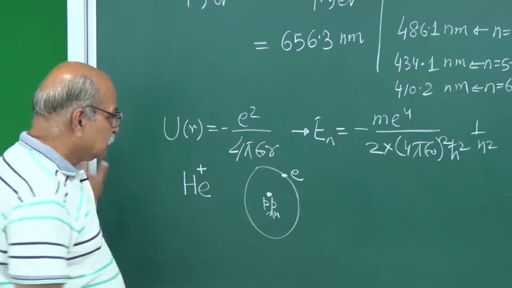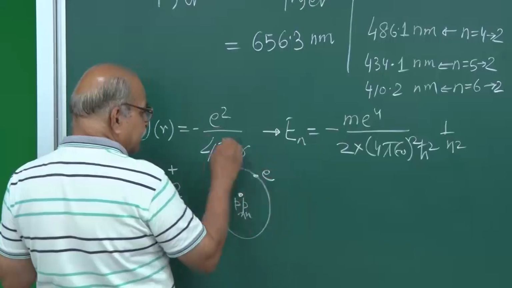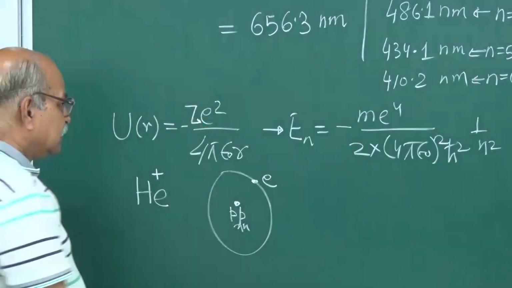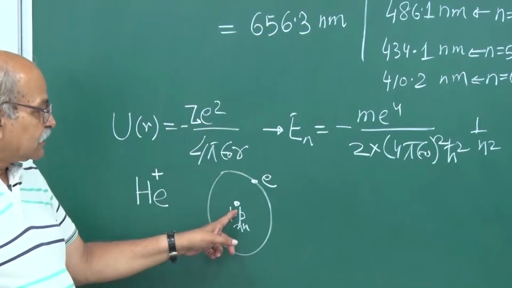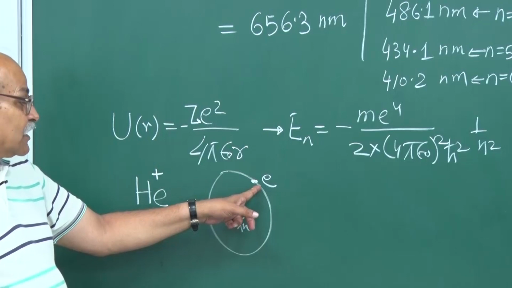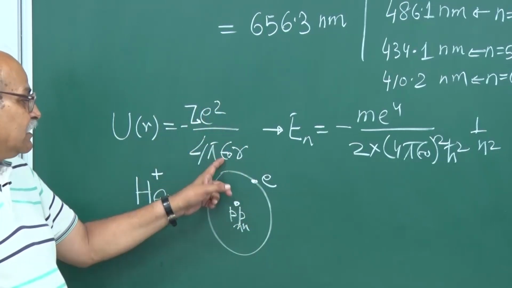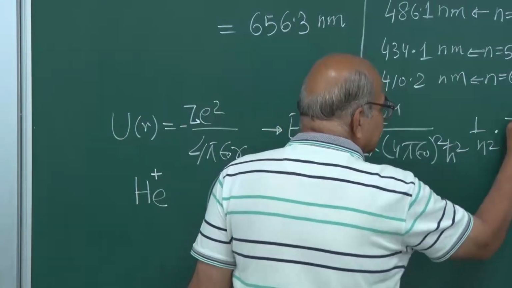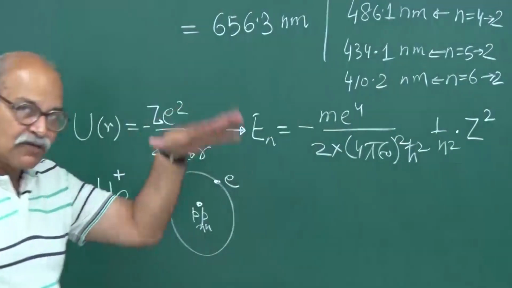For this, the potential energy will be given by 2 times this. So let me write Z times this. If there are Z protons in the nucleus and only 1 electron, then you have an ion where the potential energy will be given by this, and then this En is modified by multiplying by Z square, and everything works quite well.